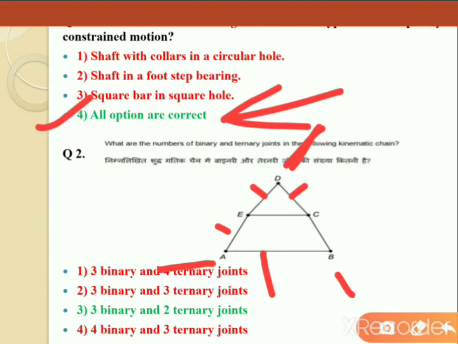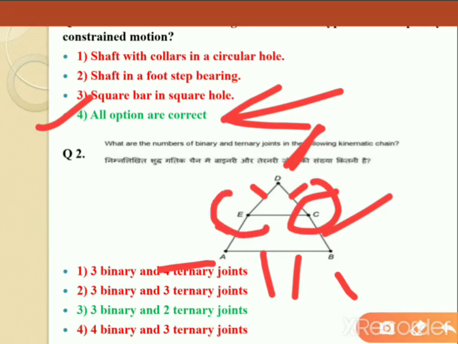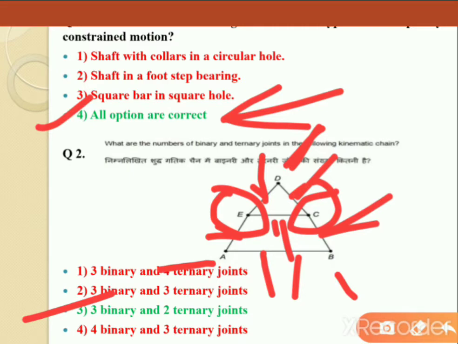At point B, it's also connected with two links, so it's also a binary joint. But at C and E, you can see three links are adjacent to that point. Here also three links, so ternary. Ultimately we can say there are two ternary joints and three binary joints present here. So option 3 will be the correct answer for that question.